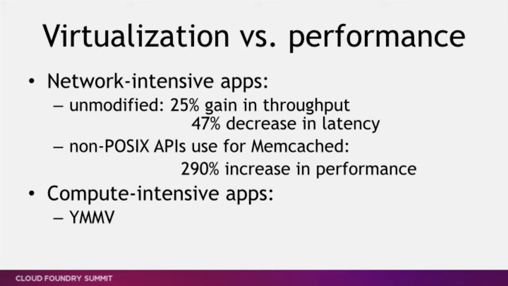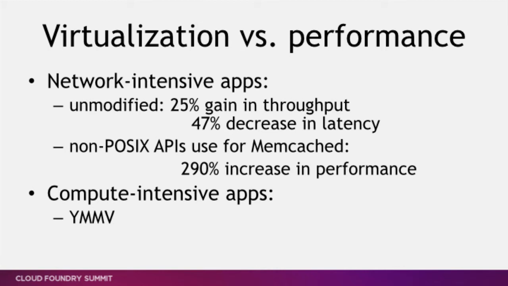But if you do that on an unmodified application, you get a 25% performance gain in throughput, which I believe was measured on memcached. Again, pretty popular, a C/C++, not even Java, application. And a 47% decrease in latency, which is again nothing to sneeze at.